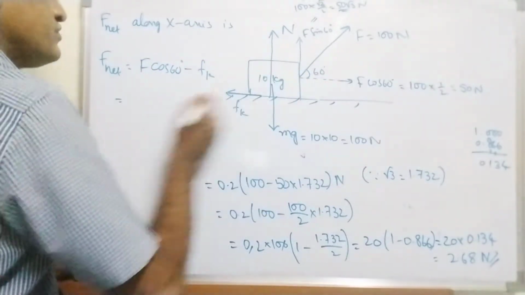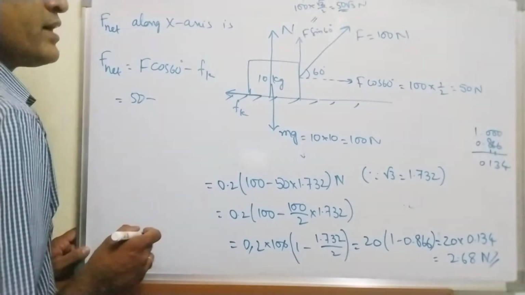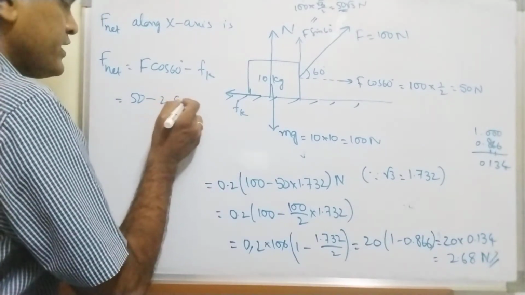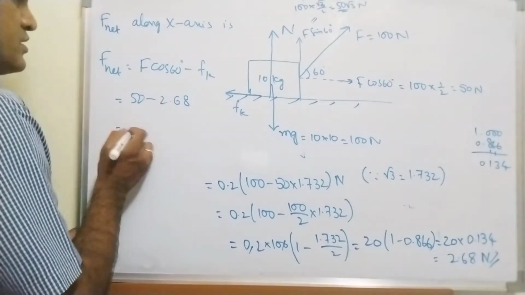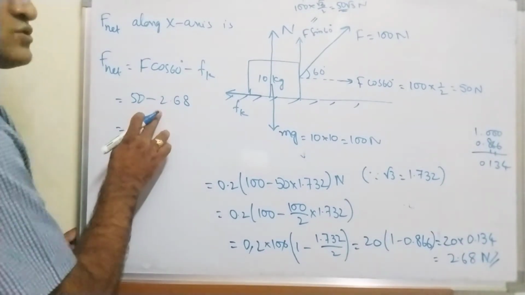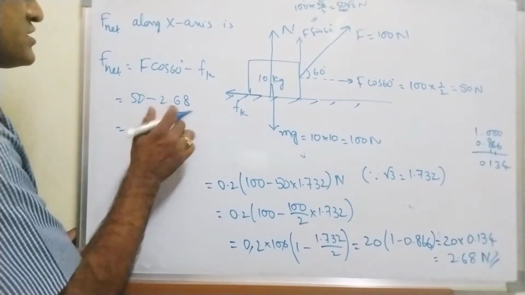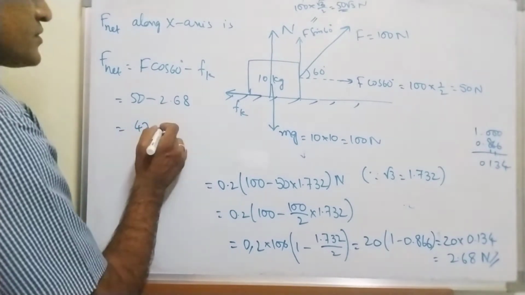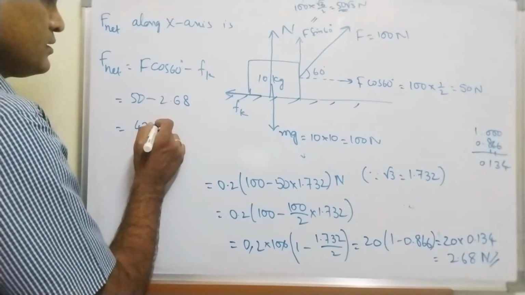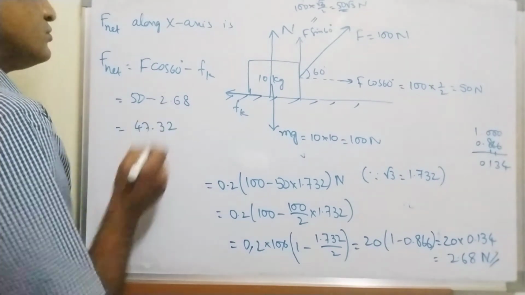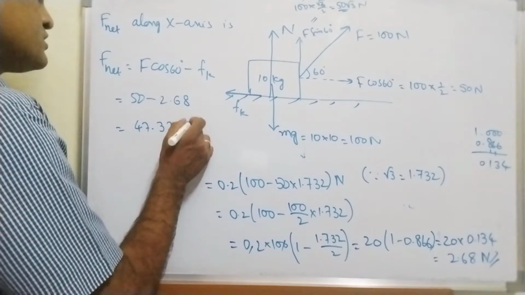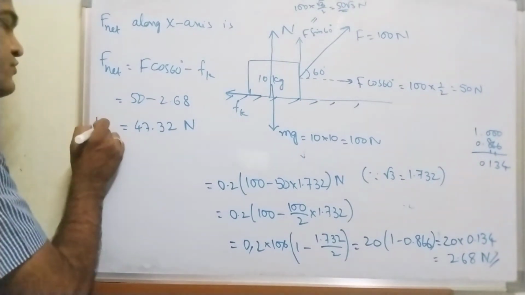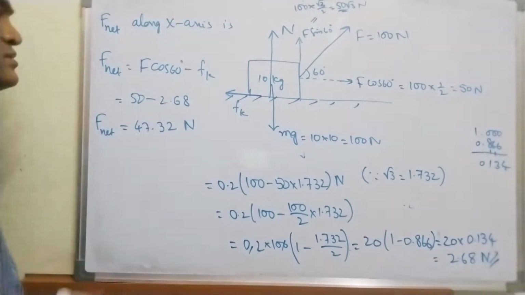F cos 60 is 50 minus frictional force, 2.68, which comes out to be 47.32 Newton. This is the value of net force.